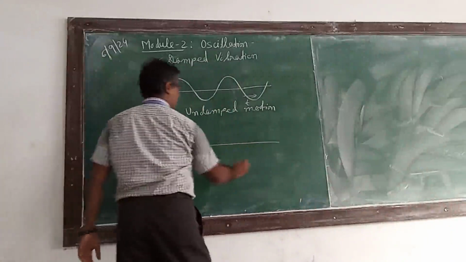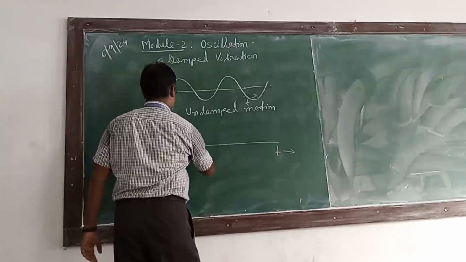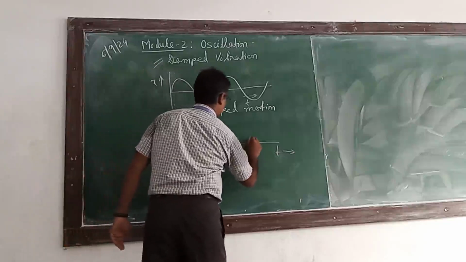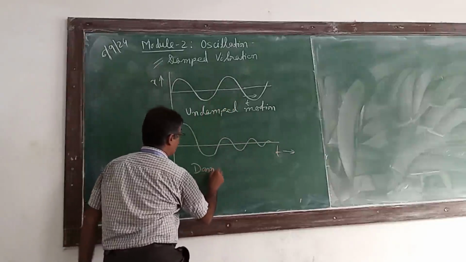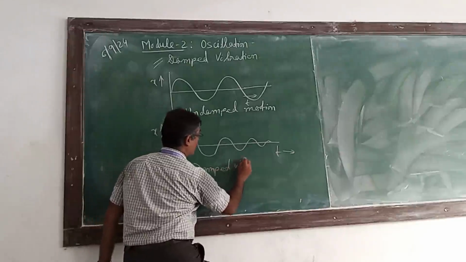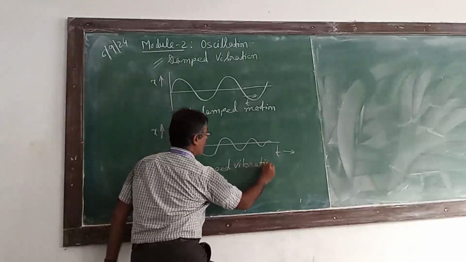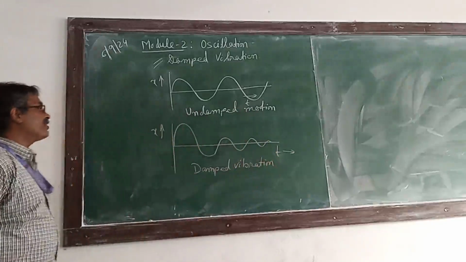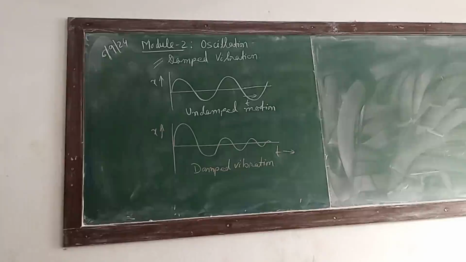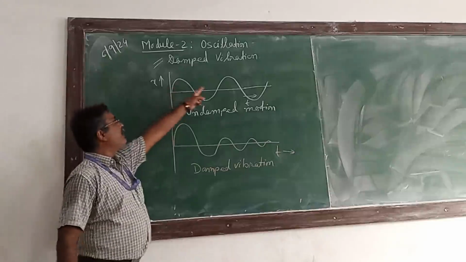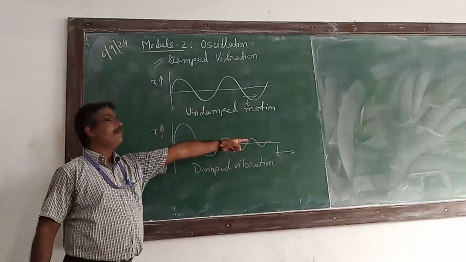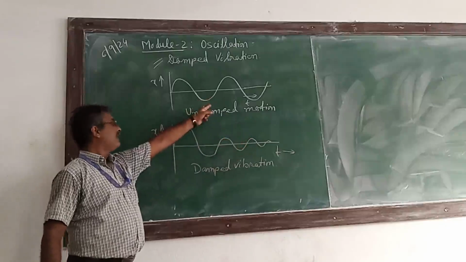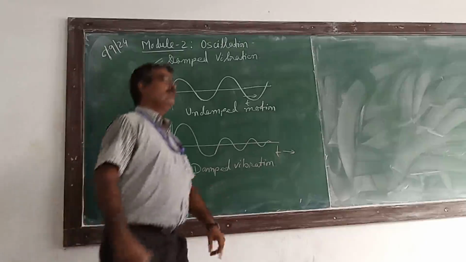This is x, this is time. This is the damped vibration. Okay, here you can see that the amplitude is constant. But here the amplitude decreases and ultimately it stops. So this is the undamped, this is the damped.